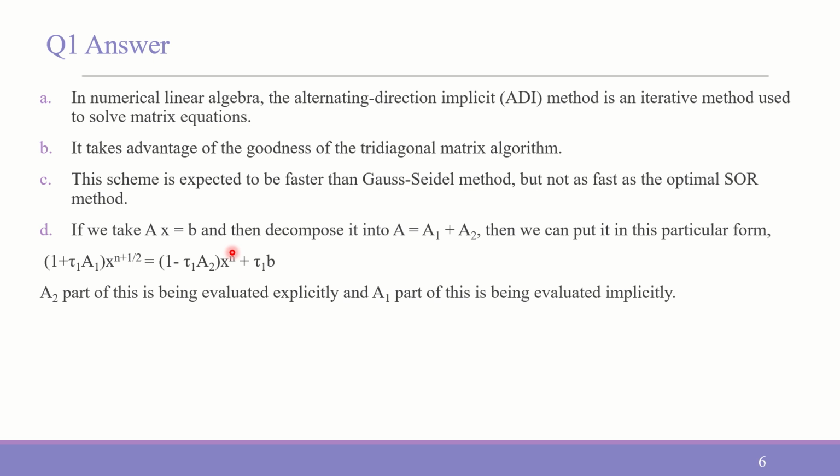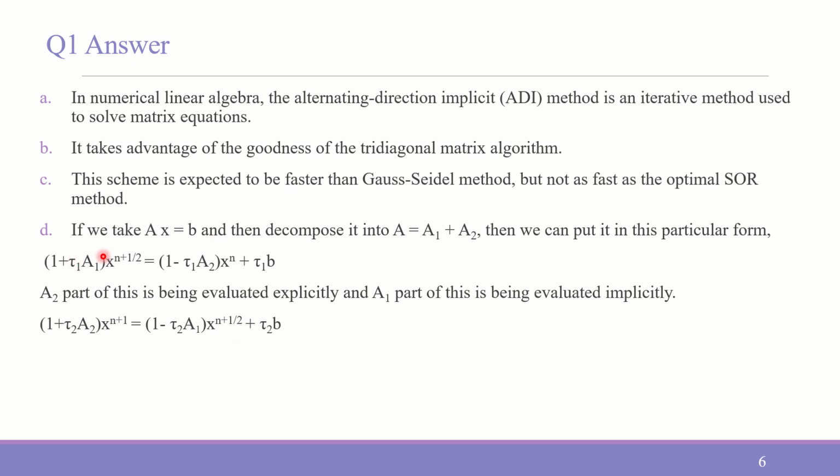And the second equation is (1 + tau2 A2) x^(n+1) = (1 - tau2 A1) x^(n+1/2) + tau2 b. So here we are decomposing A into A1 and A2 and rewriting it in two equations to get the solution.